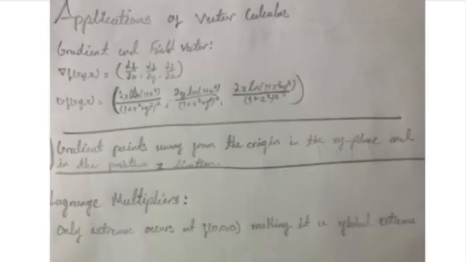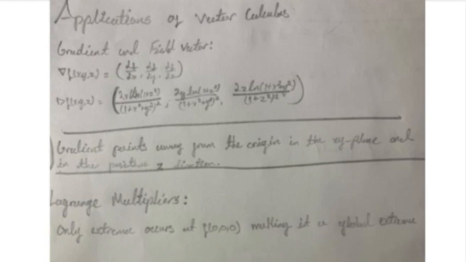The gradient and field vector. Now the gradient is just the first order partial derivatives as a set of components, which I've set there. And what this shows is that the gradient points away from the origin in the xy plane and in the positive z direction. So it doesn't go any lower in the z direction, it's always going to be above it.